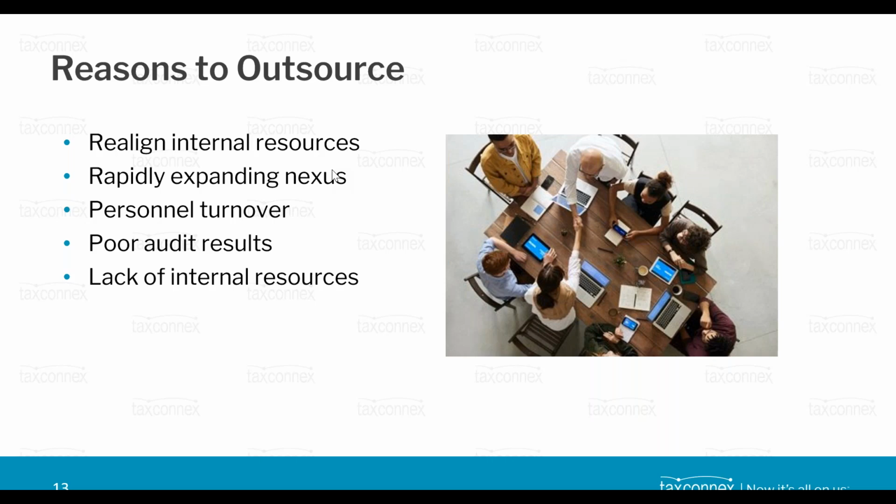Like most of the companies we talk to, there may be no tax resources, certainly not sales tax resources, and this is usually managed by a controller, VP of finance, or CFO who has a lot of other things to deal with and worry about.